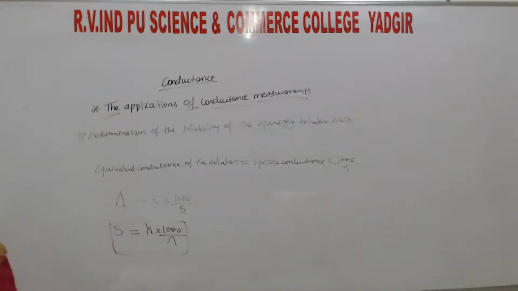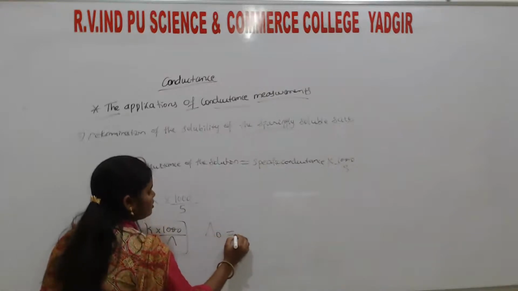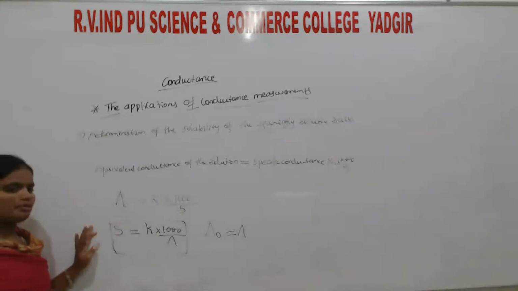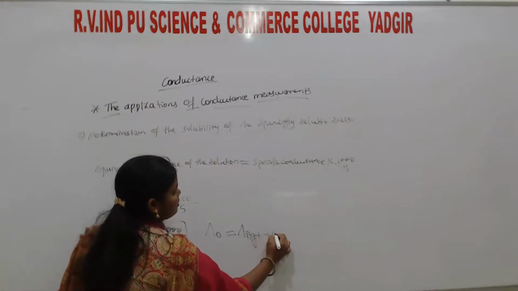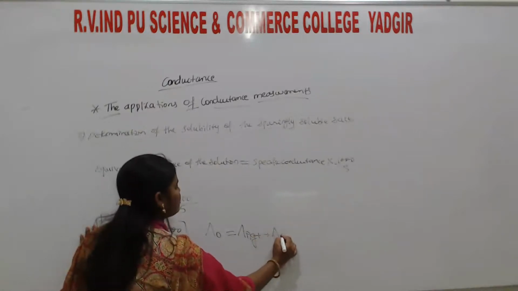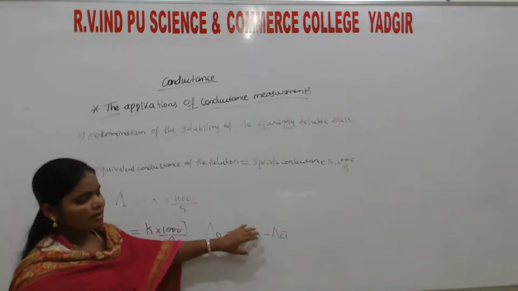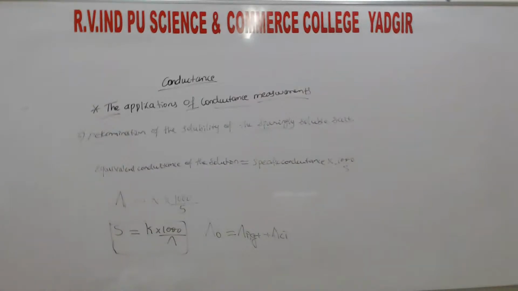For example, for silver chloride, with Ag plus and Cl minus, lambda naught is equal to lambda Ag plus plus lambda Cl minus. This is Kohlrausch's law.